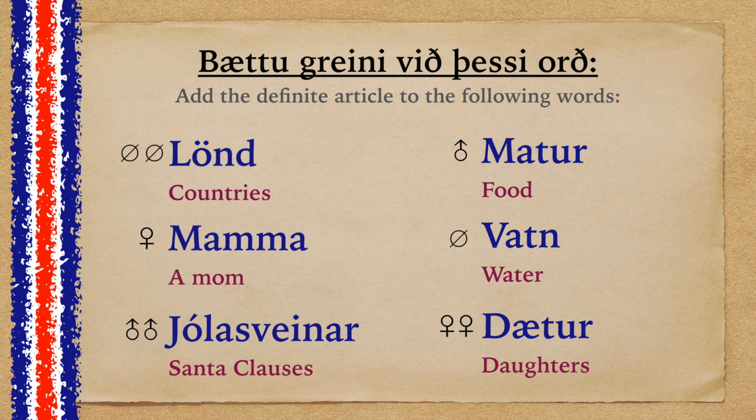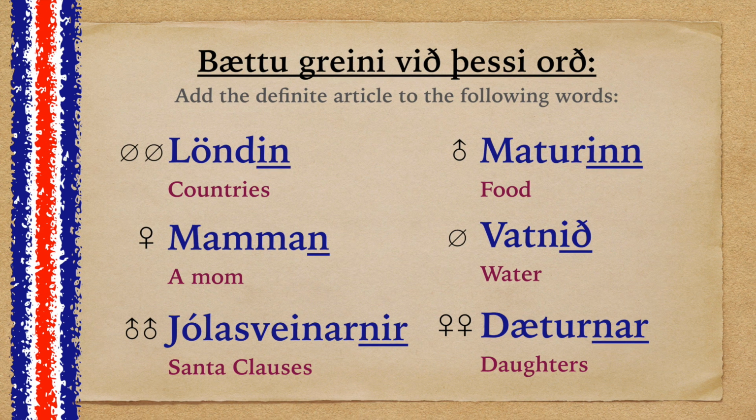So, and now one final time. Bættu greini við þessi orð. Press pause, take all the time that you need, and now I will give you the answer. Löndin, mamman, jólasveinarnir, maturinn, vatnið, and dæturnar.